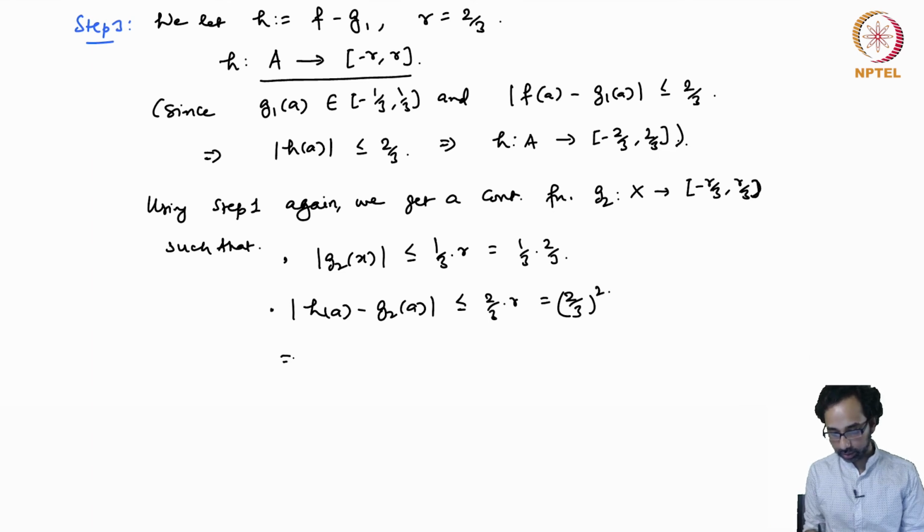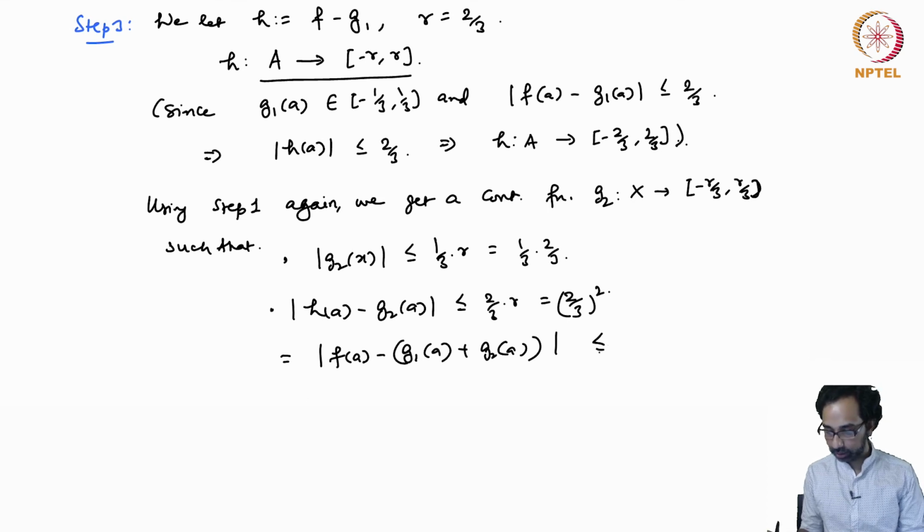And this is by the way nothing but f a minus g1 a minus g2 a. Okay, and so this is less than or equal to 2 by 3 whole squared.